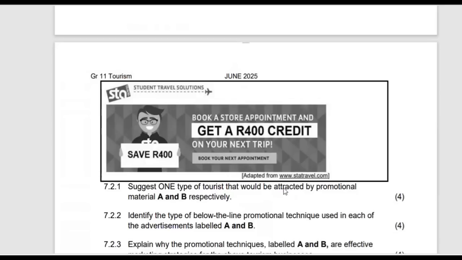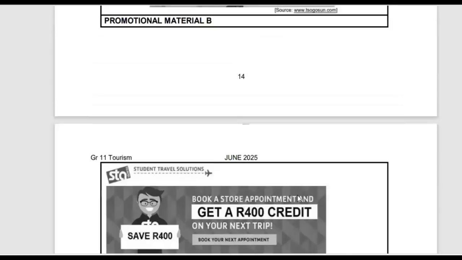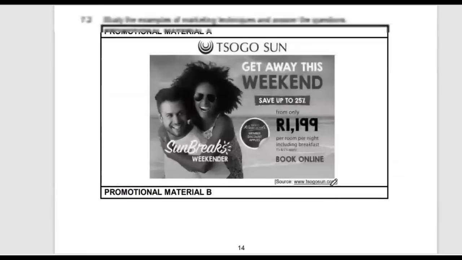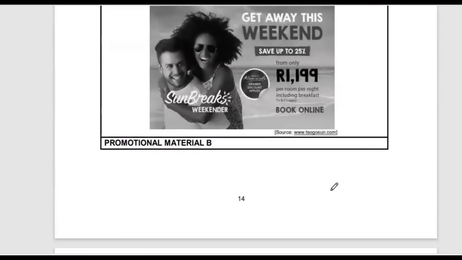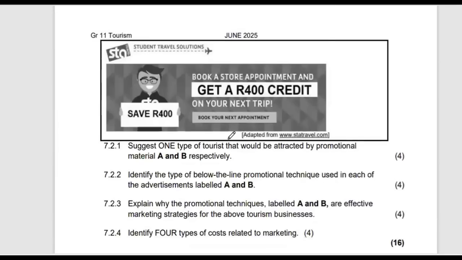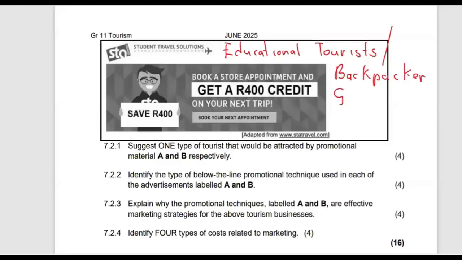Suggest one type of tourist that will be attracted by promotional material A and B. So if you first look at B, students, we are talking about educational tourists. Here we are talking about an educational tourist. Or you can also say a backpacker tourist. Or you can even say a gap year tourist.